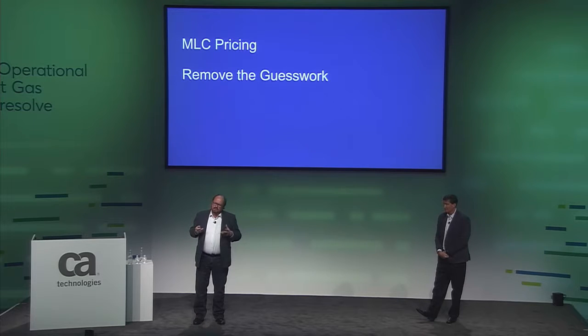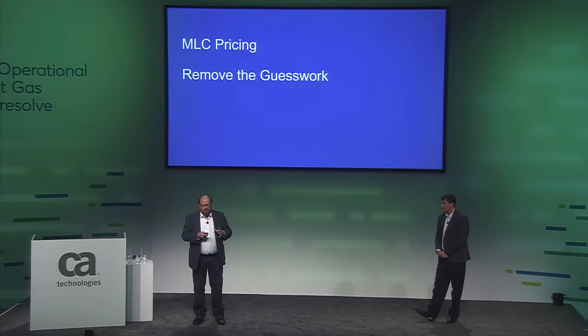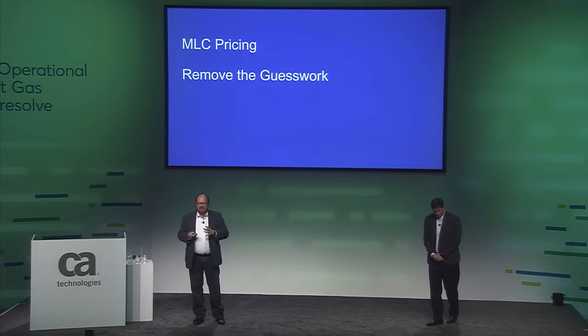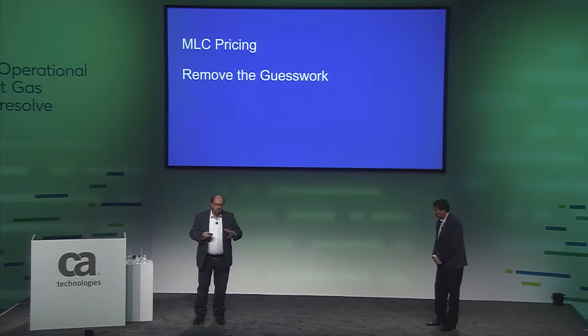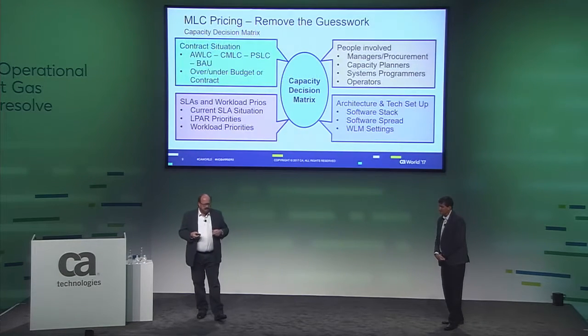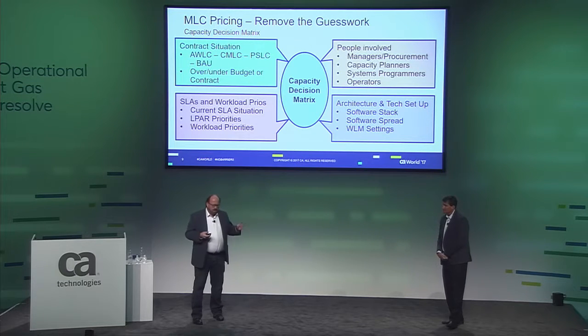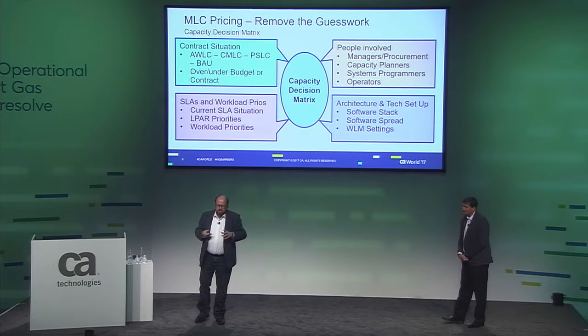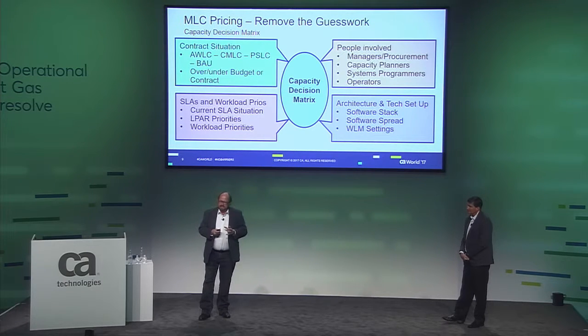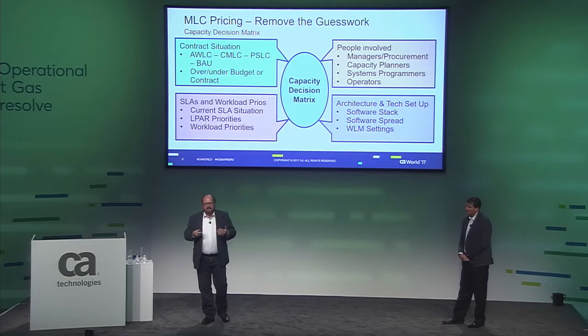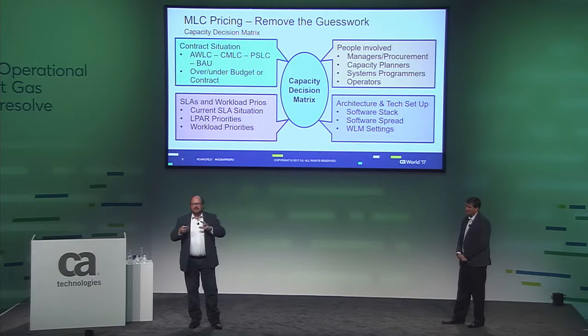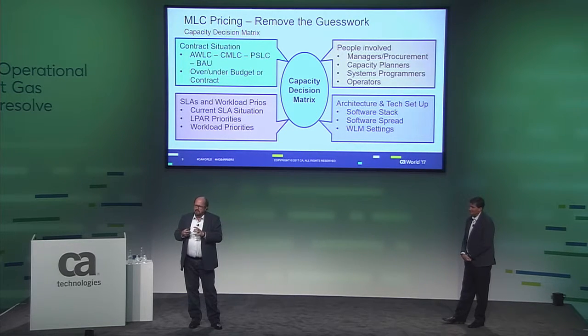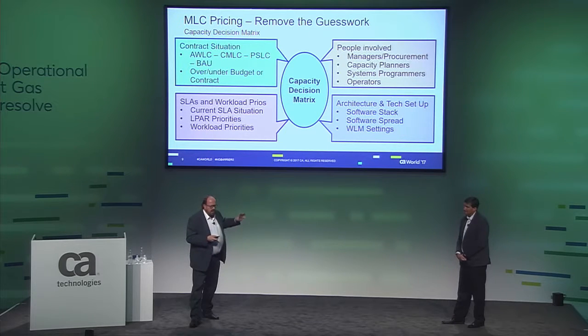Now, we need to remove the guesswork. We need to have a real-time overview of what is actually going on, but we need to take all these factors that we've seen before into consideration. So basically, we need to have a capacity decision matrix in the middle that everybody understands, and where everybody can feed their input.